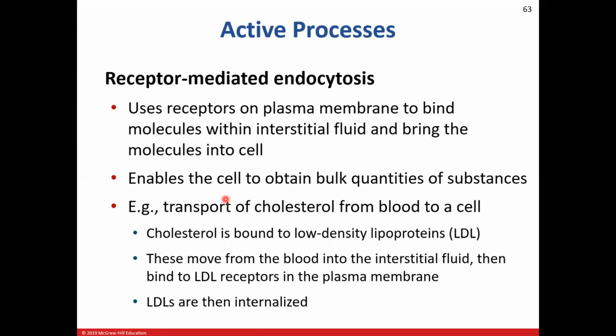And cholesterol, we know, is bound to low-density lipoproteins. It moves from the blood to the interstitial fluid and then binds to the LDL receptors in the plasma membrane. Our LDLs then are internalized into the cell.